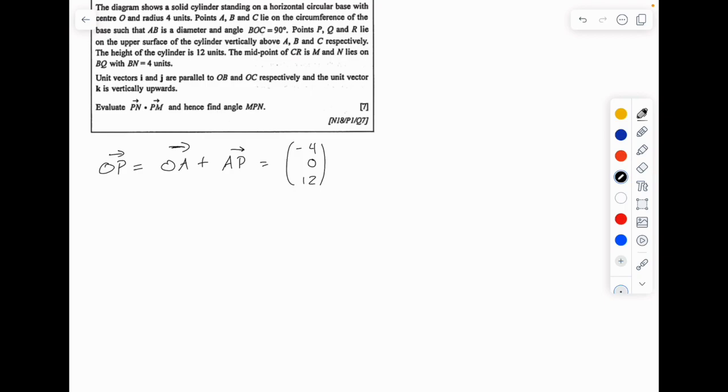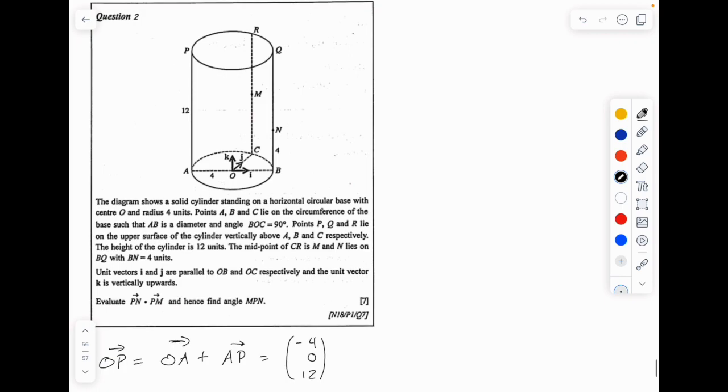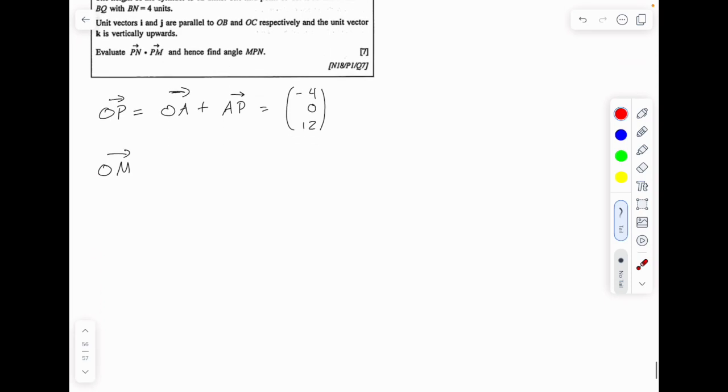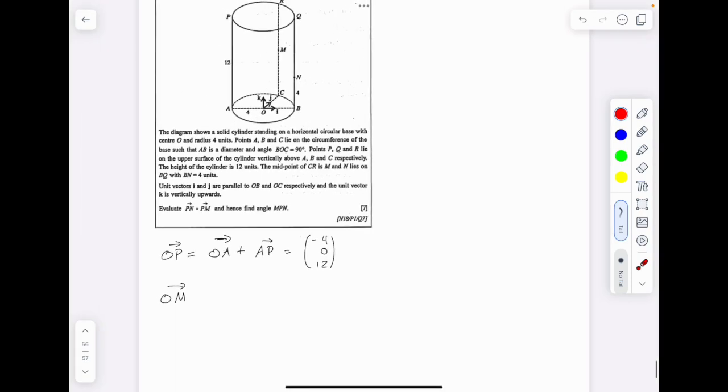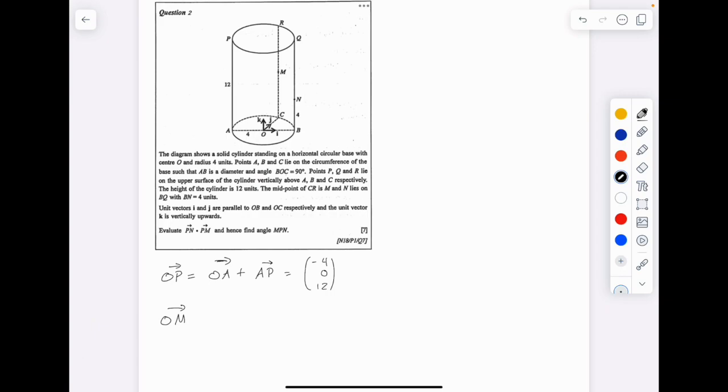Now, OM. What's OM going to equal? Well, we know that OM is the midpoint of this line here. So OM, starting from O, is equal to OC plus CM.